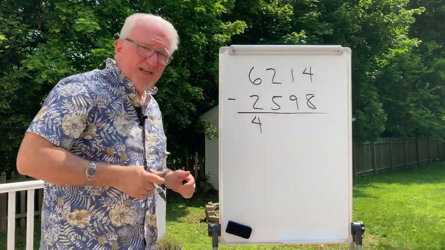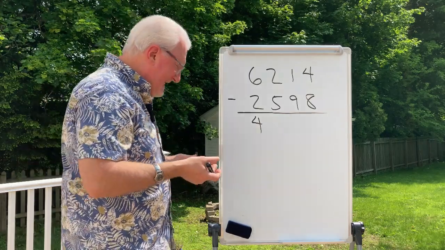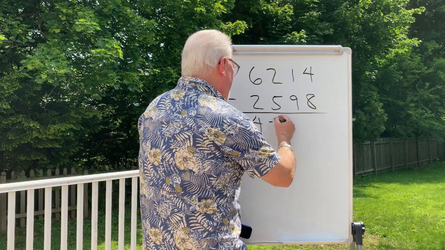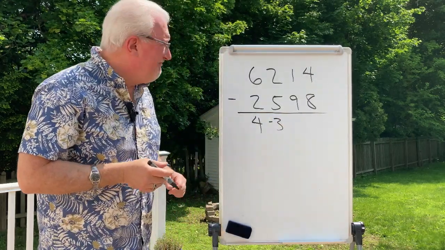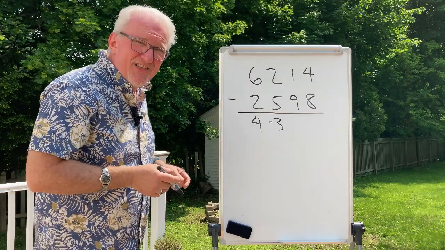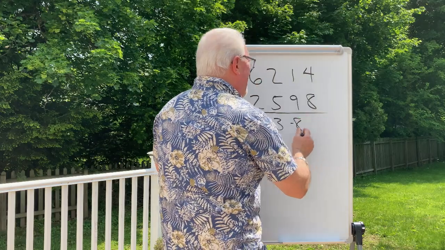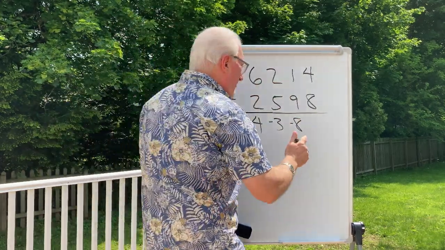But 2 minus 5, well, if we subtract 5 from 2, what we get is negative 3, which we will put exactly in that column. 1 minus 9, well, that's negative 8. And 4 minus 8 is negative 4.